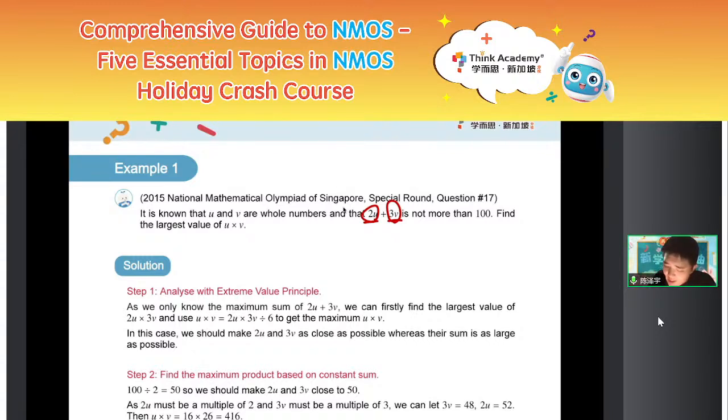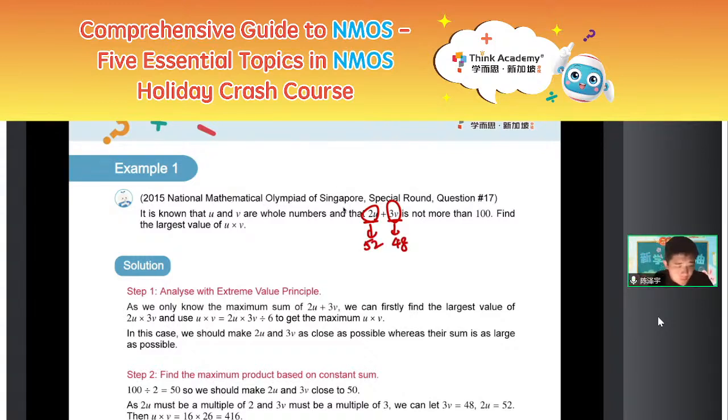Ideally, it would be great if they can be 50 and 50. But since they are whole numbers, and 3v has to be a multiple of 3, the best thing we can do is 51 and 49. Oh, sorry, 49 cannot. The best we can do is 48 and 52.